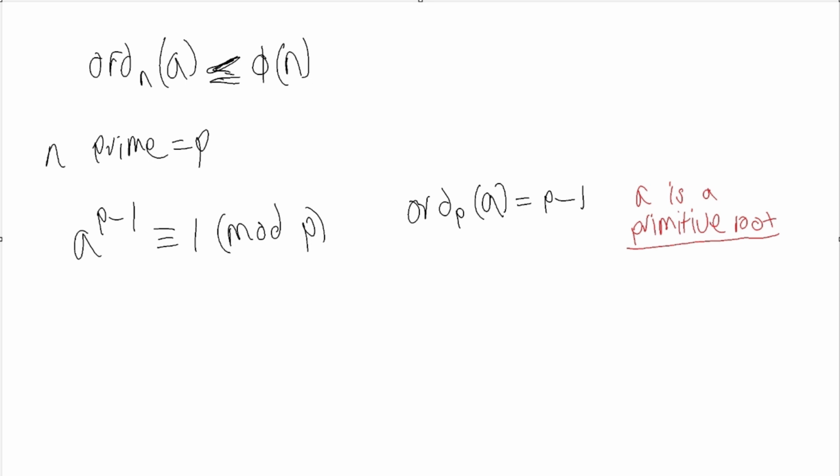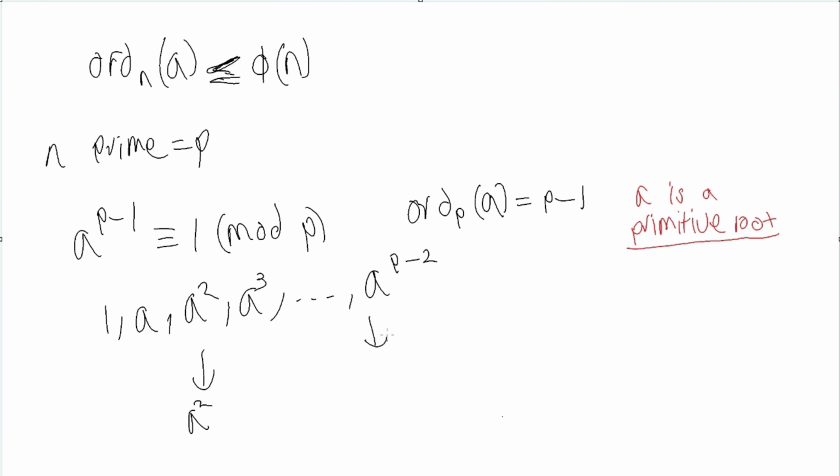So for one, what happens if we list out 1, a, a squared, a cubed, all the way to a to the p minus 2? What do we know about this list? Well, you might think that two elements on this list are the same. So suppose that a squared here was equal to, like, suppose a to the 13.